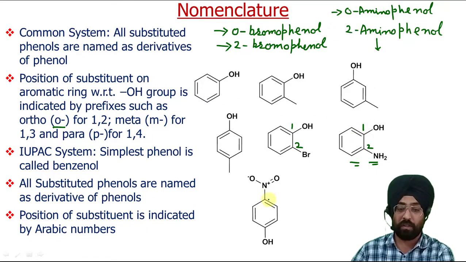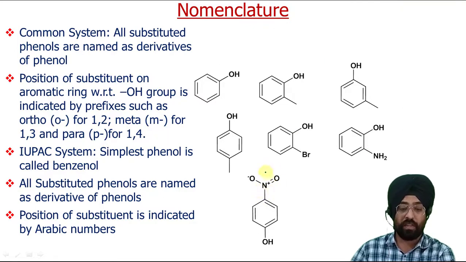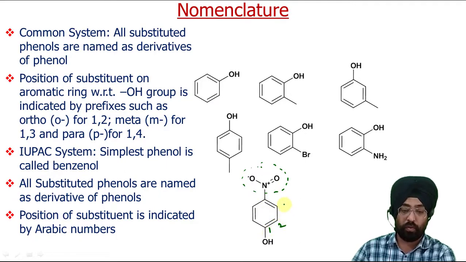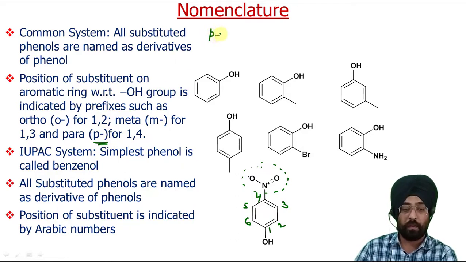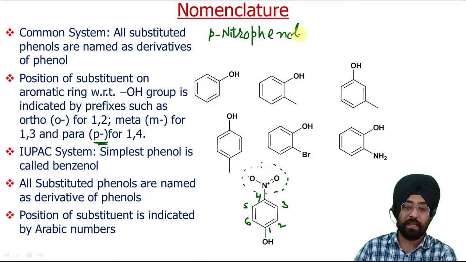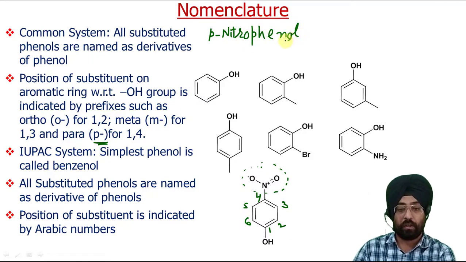So we have done all these compound, only this is left. So let us see what will be its name. So this is nitro group. Now we can start numbering 1 2 3 4 5 6. So it is 1 4 substituted, that means we will use para. So it is para nitrophenol, that is its common name.